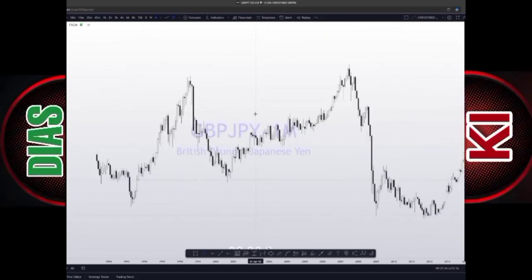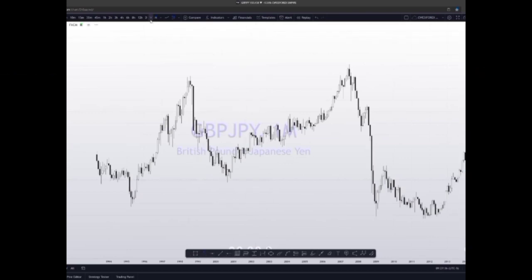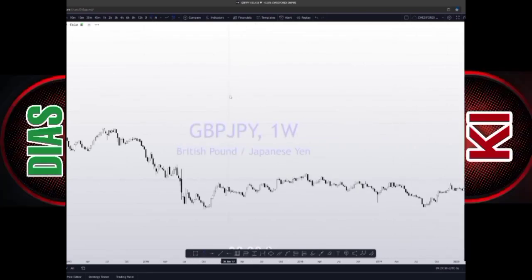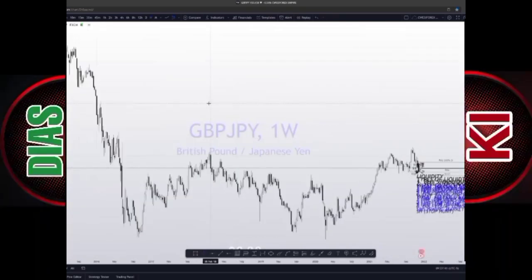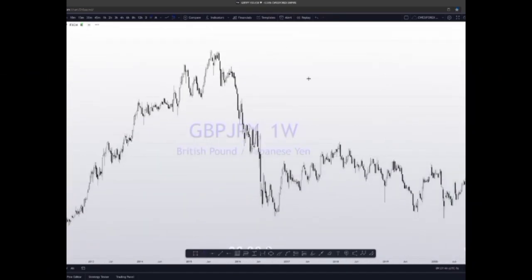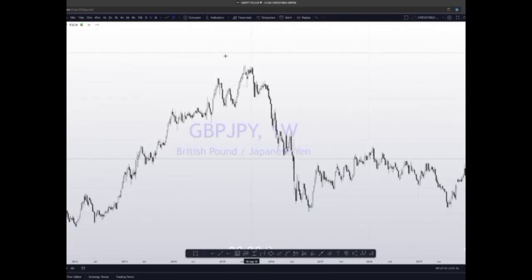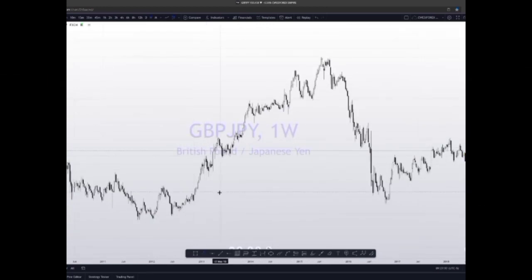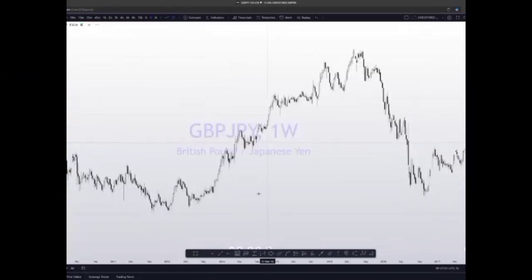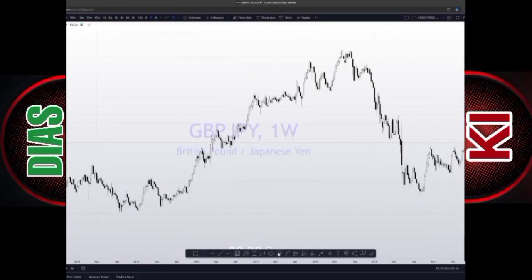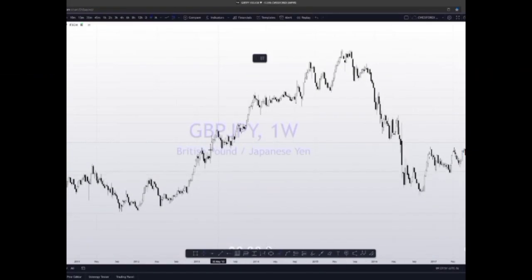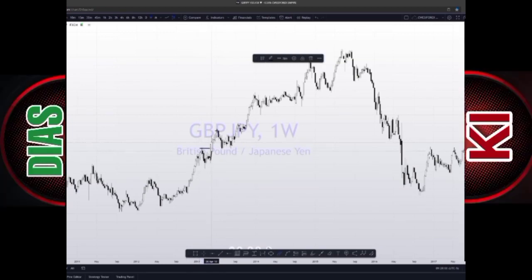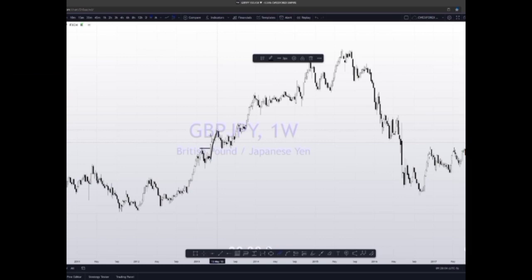All right, and we then move towards the previous weekly high. When it comes to the previous weekly high, you can see over here that we just target the previous highs in the market. So this is the previous high, and price took it out and dropped.